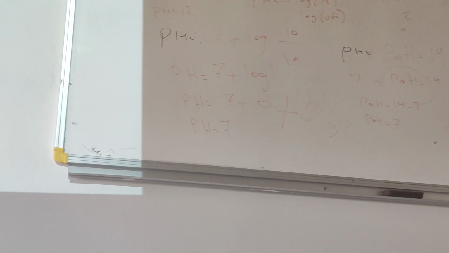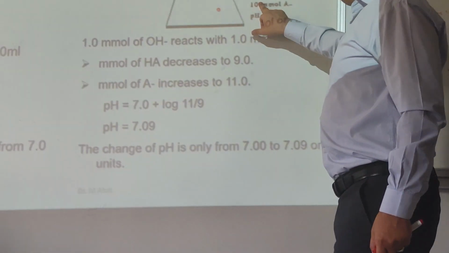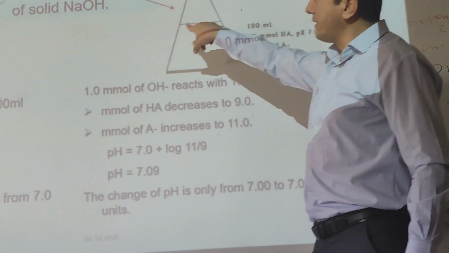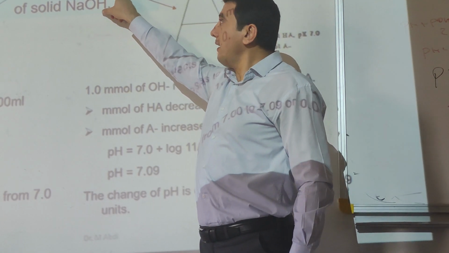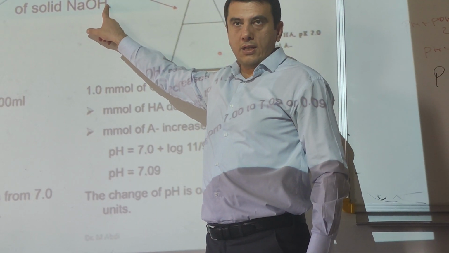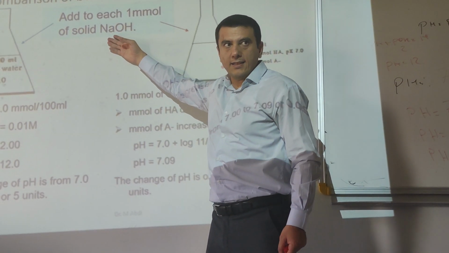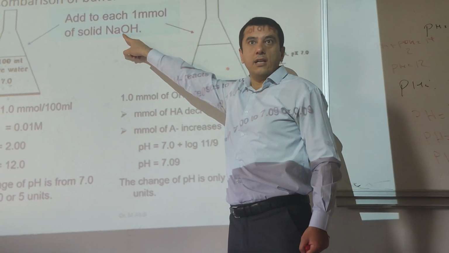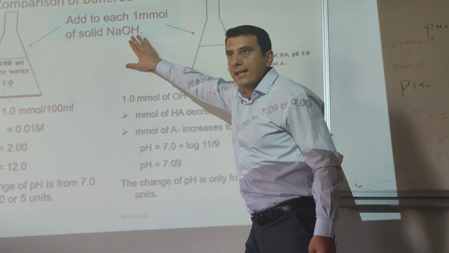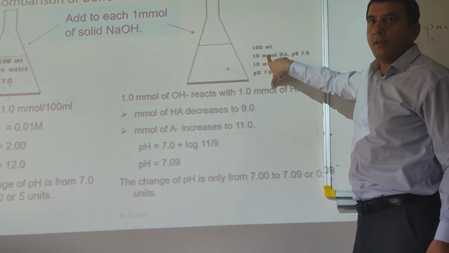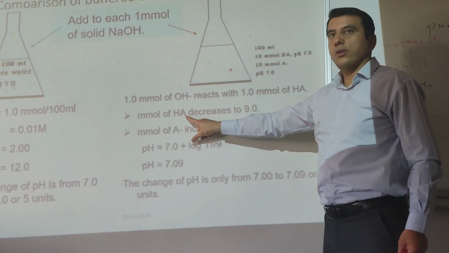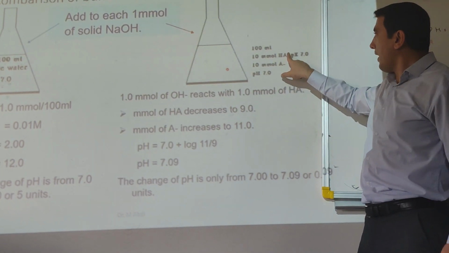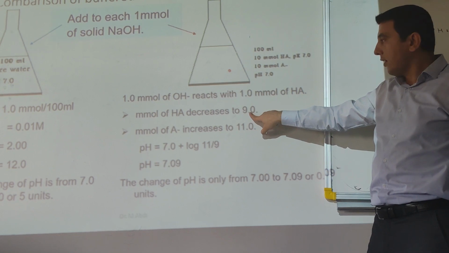On the other hand, we have 10 millimole HA and 10 millimole A. So if we add 1 millimole OH, this substance is a base, so it neutralizes 1 millimole of our acid. So we have a decline in our acid from 10 to 9.